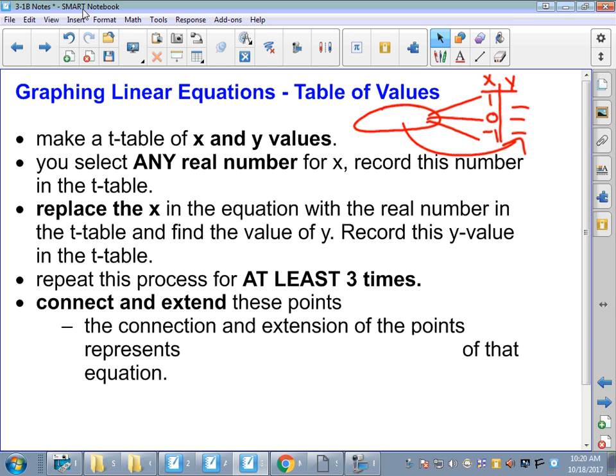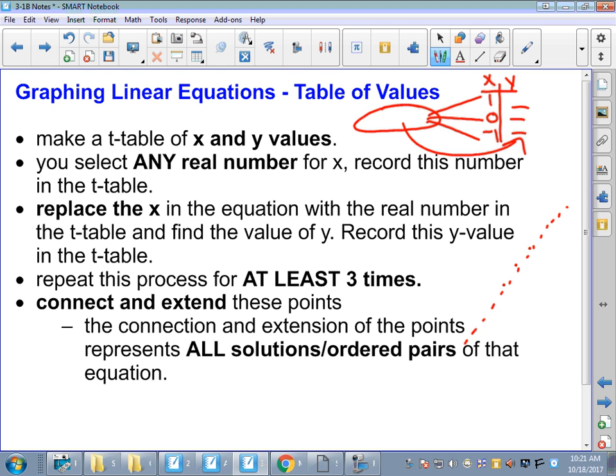We connect and extend these points. And when we connect and extend, we are basically writing and drawing every single ordered pair that makes a solution to that equation. So when we make our table of values, we're going to use these 3 lines to help guide us for all of these lines. And when you graph all of the ordered pairs that make that equation true, there's an infinite supply of those ordered pairs.